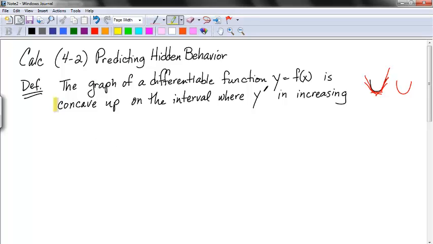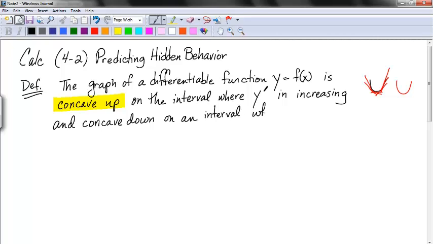Okay, and then concave down. It's concave down on an interval where the first derivative, or y prime, is decreasing.